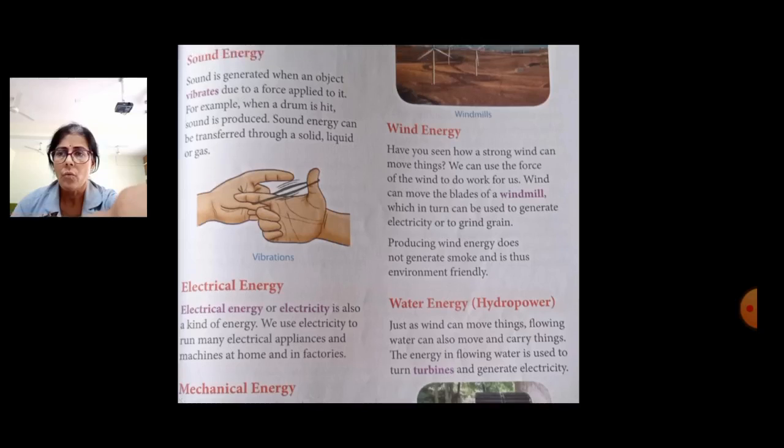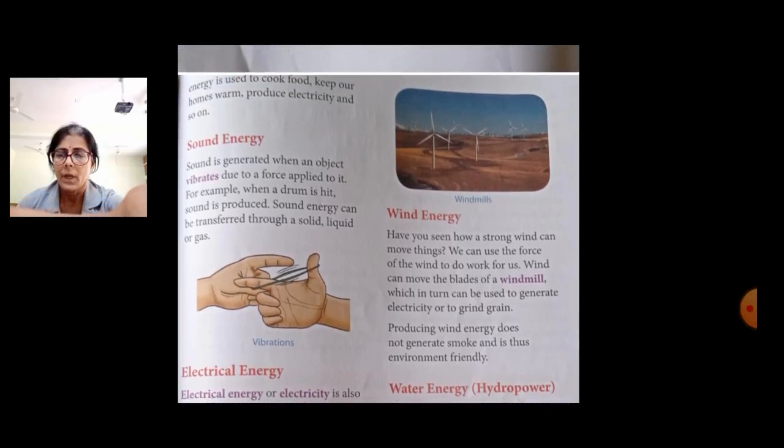Now wind energy. See children, whenever you might have visited some small hill type of place, you might have seen the windmills, right? That is the example of wind energy.